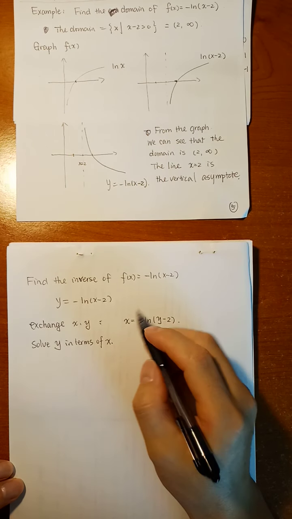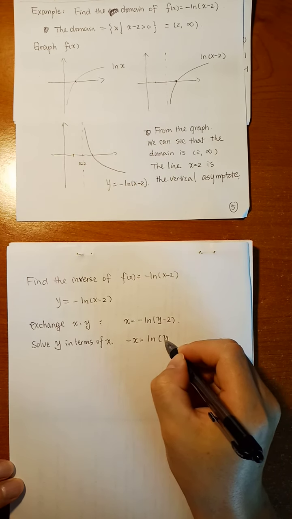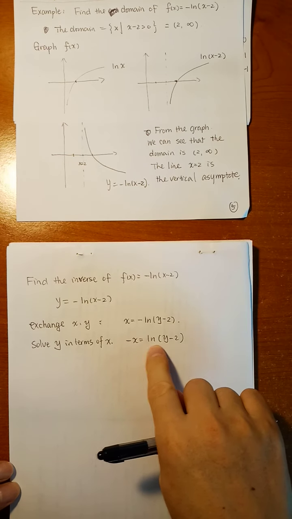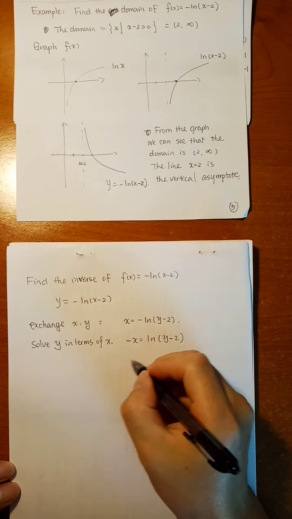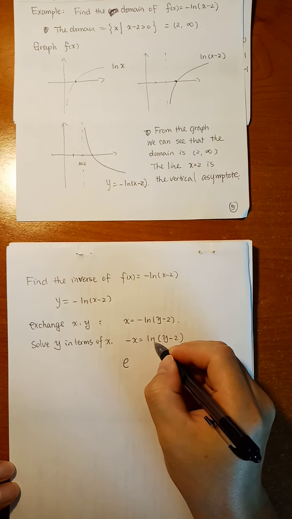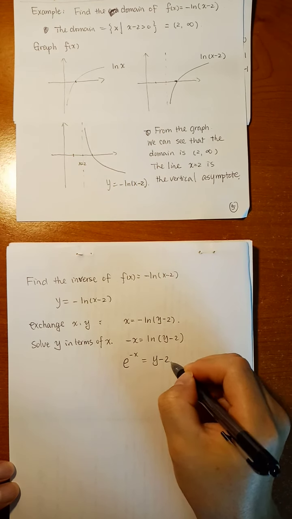How do we solve it? We first move the negative sign to the left side. It becomes negative x is equal to ln of y minus 2. The logarithmic function is equal to the value, so by the definition, this is an exponent. ln means the base is e, so e to the negative x is y minus 2.